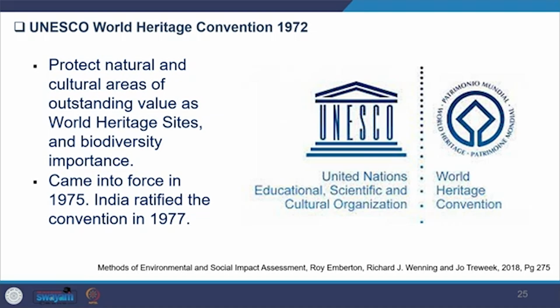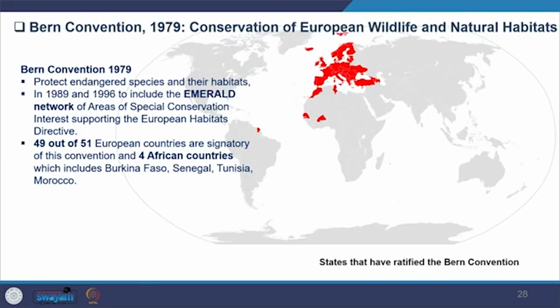So we see that it came into force in 1975 and India ratified the convention in 1977. Thereafter, we see Berne Convention on the Conservation of European Wildlife and Natural Habitats 1979, and this one aims to protect endangered species and their habitat.